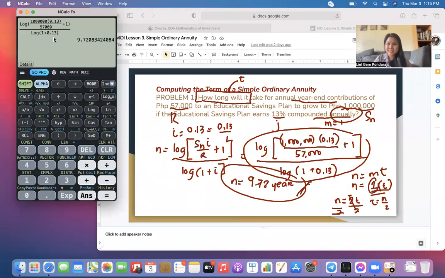Any questions? No, ma'am. That's why you could have your four-line calculator. The problem is if your calculator is two-line, so solve for the numerator first, then divide it by the denominator. Now let's go to the next problem.